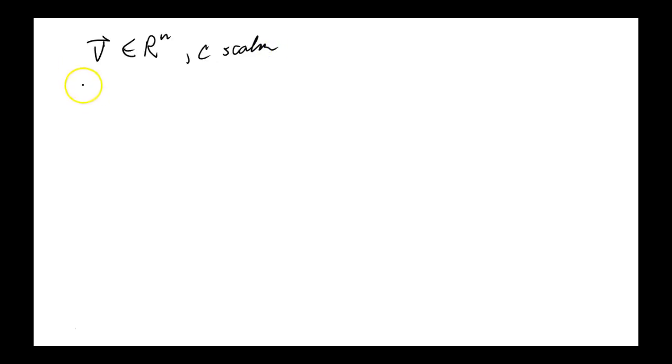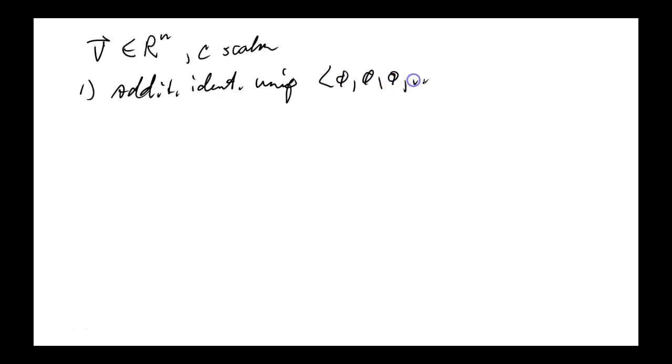Then these properties are true. One, the additive identity is unique. There's only one of them, and that would be 0, 0, 0, dot, dot, dot, 0, as long as you have n zeros.